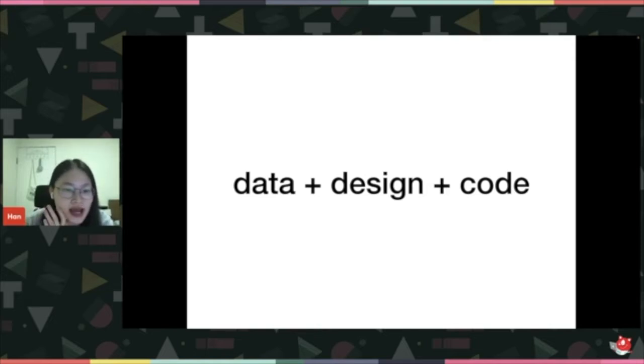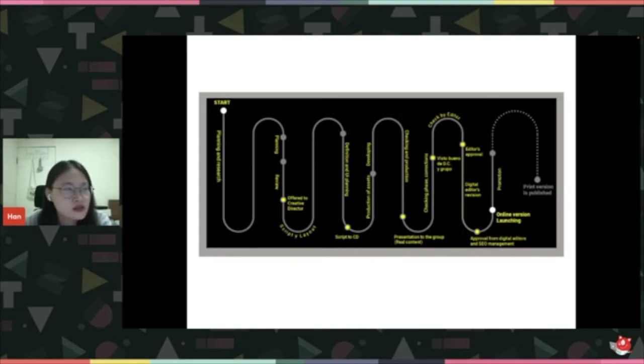Then I need to design the graphic layout to make it look nice. And at the end, I also need to use some coding languages or tools such as Adobe Illustrator or RAWGraphs, some online tools, based on my sketch.